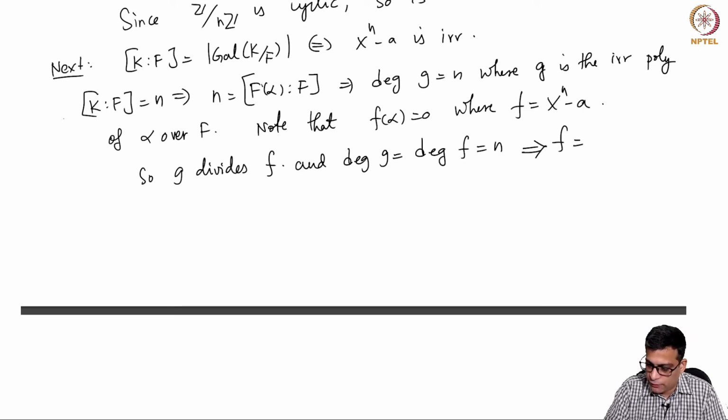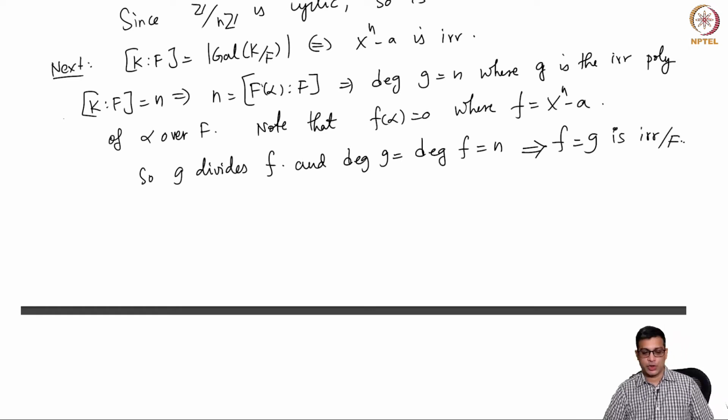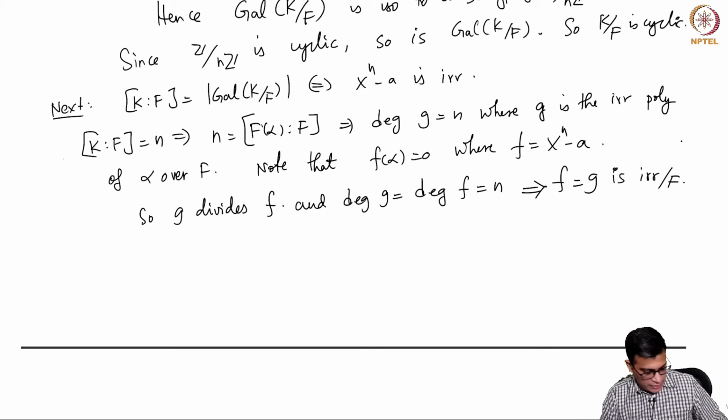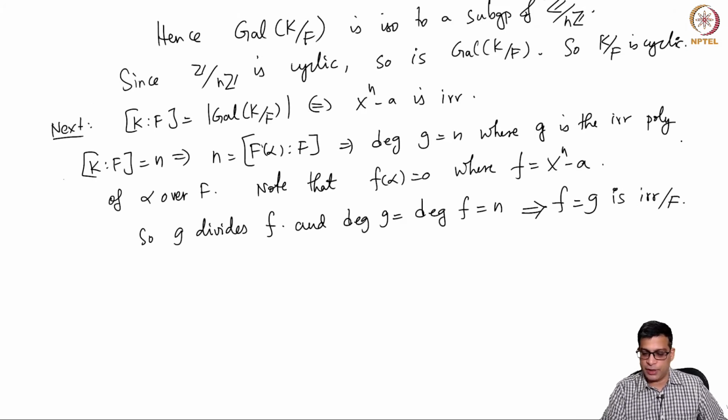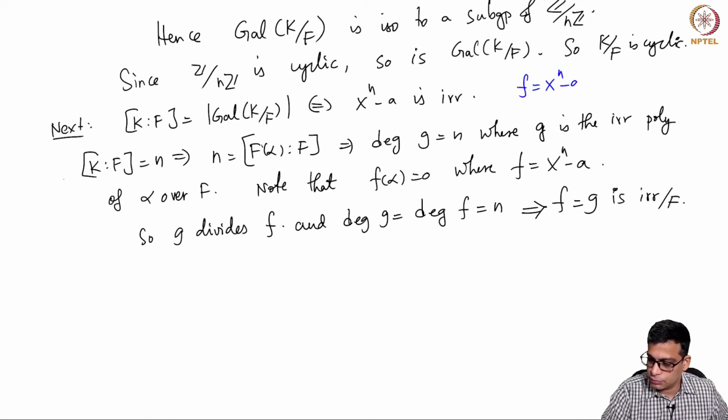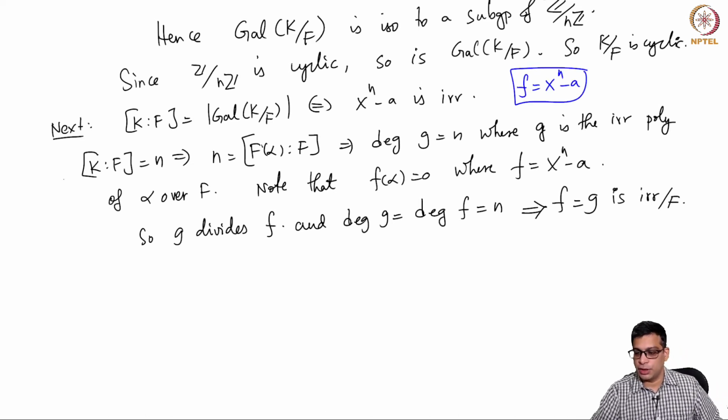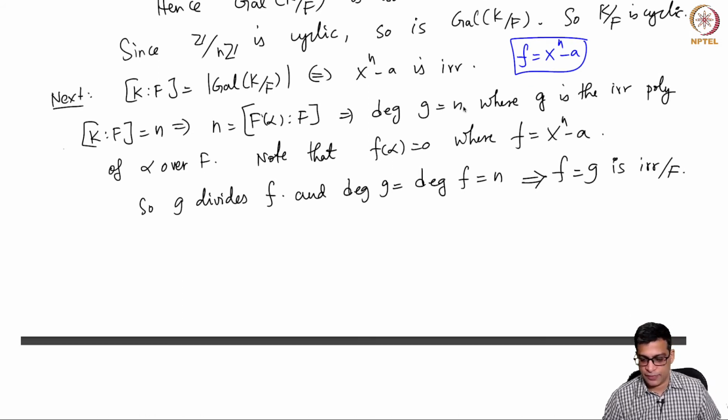That means f is g, in other words, it is irreducible over F. So, if [K:F] is equal to n, then f must be irreducible. Because the irreducible polynomial of alpha, whatever that is, must have degree n. f is a polynomial which has alpha as a root. So, f better be the irreducible polynomial, and of course, that means f is irreducible.